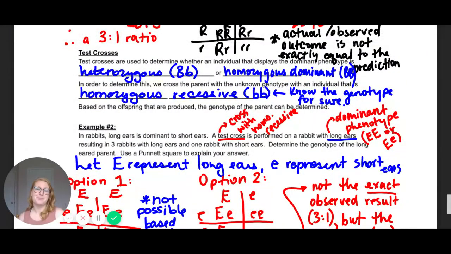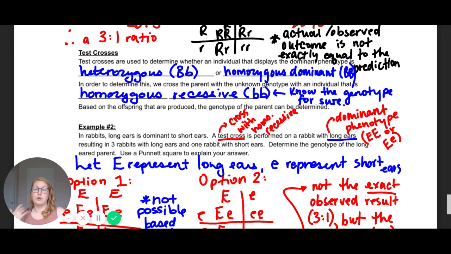The last one I'll show you in this lesson, which is kind of fun, are called test crosses. And test crosses we use if we're unsure of a parent's genotype. So as mentioned previously with Mendel, for those who have a dominant phenotype, we don't know for sure if their genotype is heterozygous or homozygous dominant.